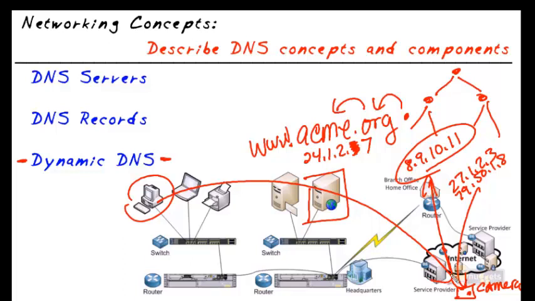So when the device reports in, this dynamic DNS service can make an entry inside DNS so that no matter what our IP address is, whether it changes to this or this, as the update happens in the DNS system, we can still reach it by its friendly name.